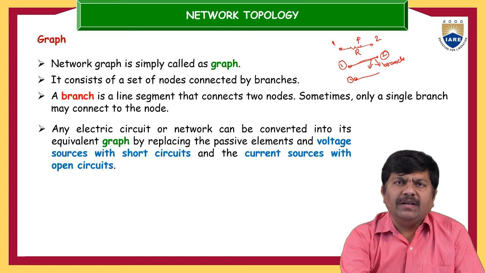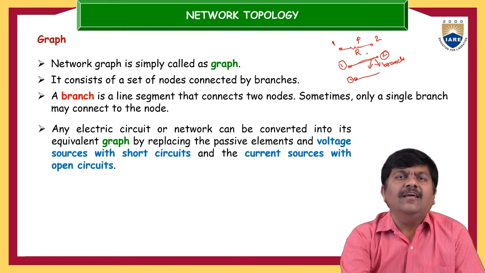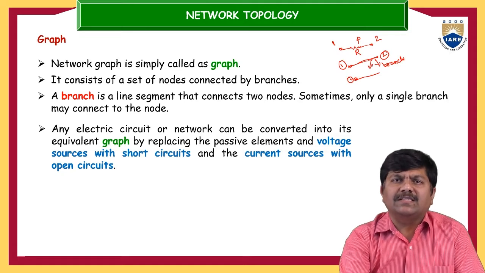So this physical element of the electrical circuit can be equivalently represented by network topology. If this electrical circuit has only a resistor R, we represent it between node 1 and node 2 with a solid line.